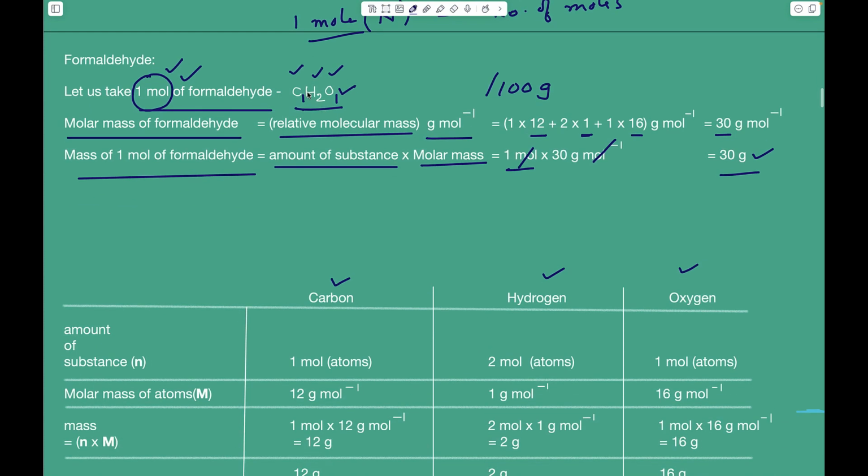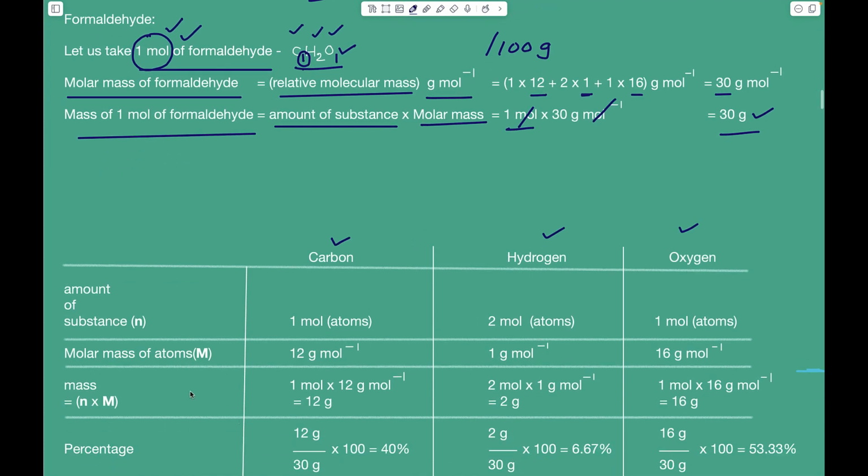So what does this subscript 1 tell us? This tells that in 1 mole of formaldehyde, there is 1 mole of carbon atoms. And this subscript 2 tells that in 1 mole of formaldehyde, there are 2 moles of hydrogen atoms.